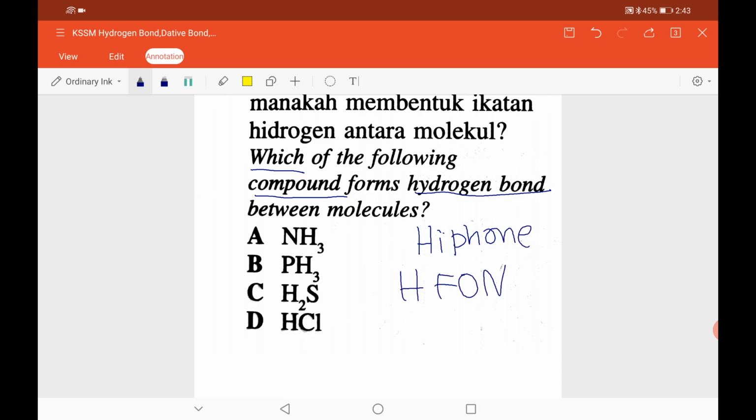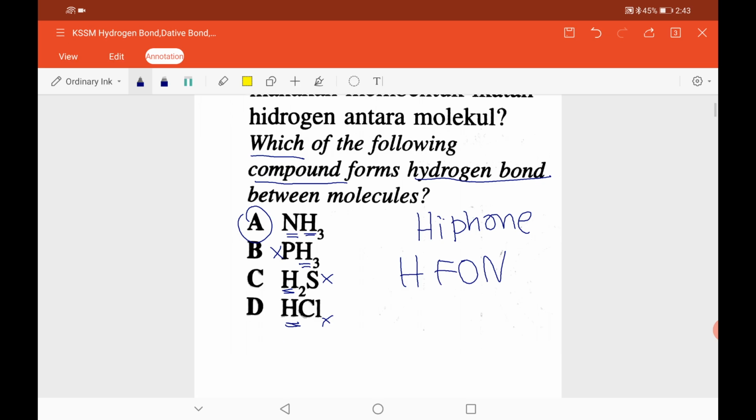So you must make sure you fulfill the requirement. The answer is A, because you have hydrogen and you have N. Answer B, you have hydrogen, but there is only a P. You don't want it. Answer C, you have hydrogen, but you have S. I don't want it, I want FON. Answer D, you have hydrogen, but you have Cl, not FON. So the best answer is A.